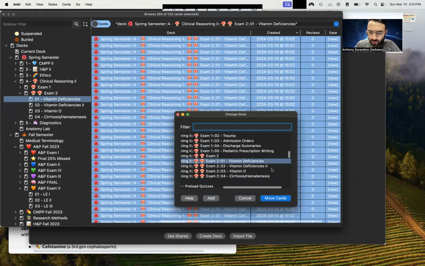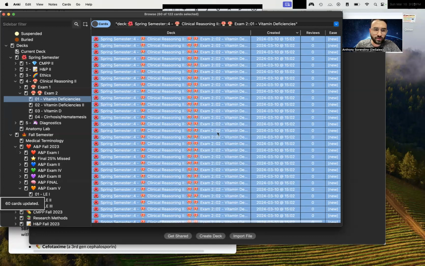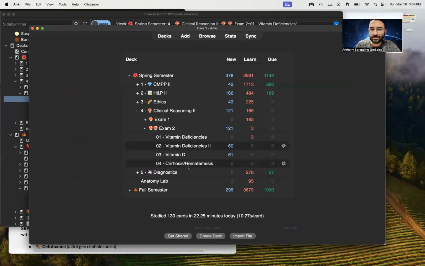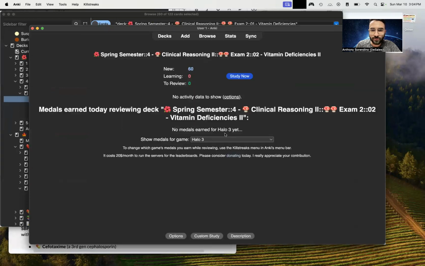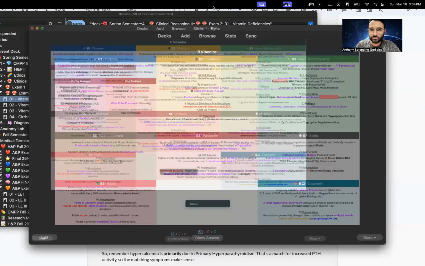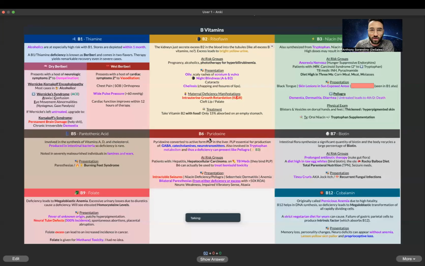Change deck. We're going to throw them in that one. Now we have 60 here. Vitamin D, I already made cards for that. So I don't know. Why reinvent the wheel? It's a lot of cards, though. All right. We'll study this in a second. All right. Let's see if we can knock this out. 60 cards. It's 313. Let's finish by 3:30.